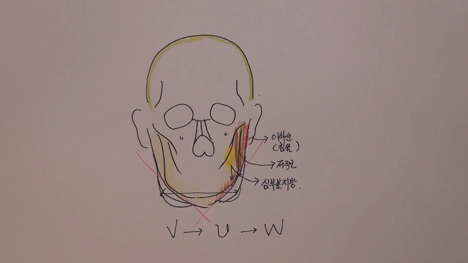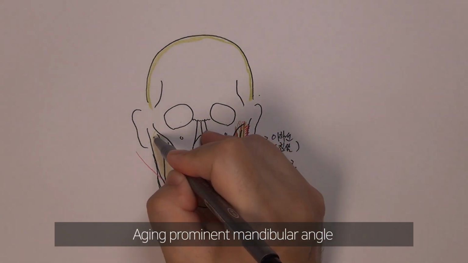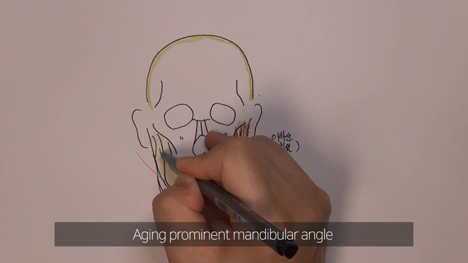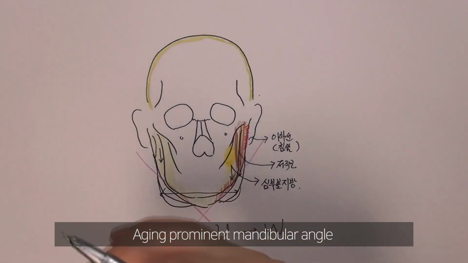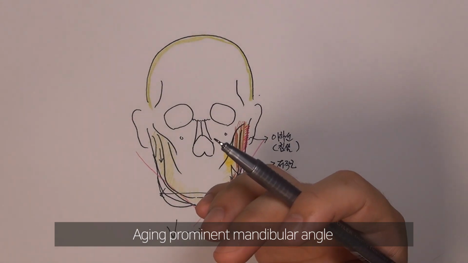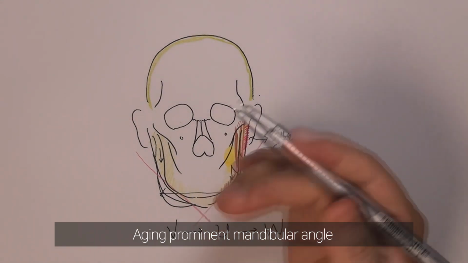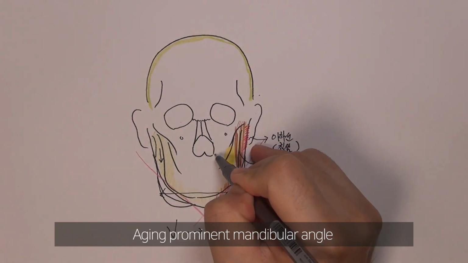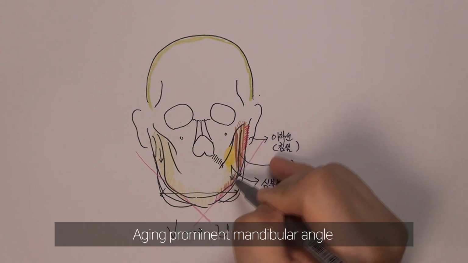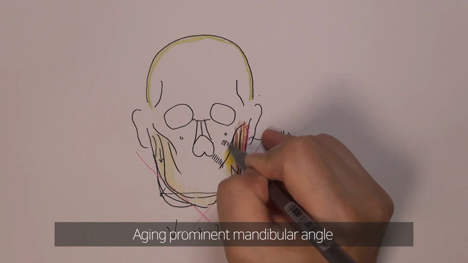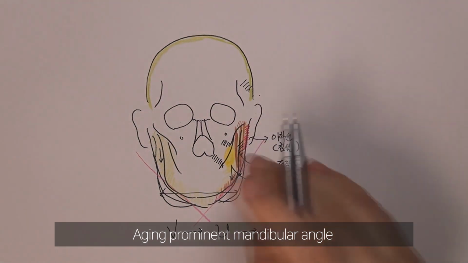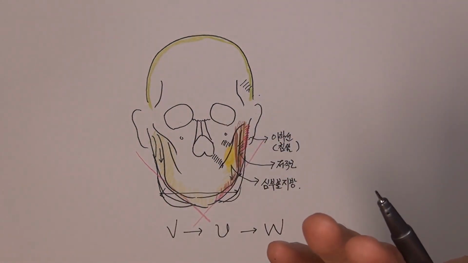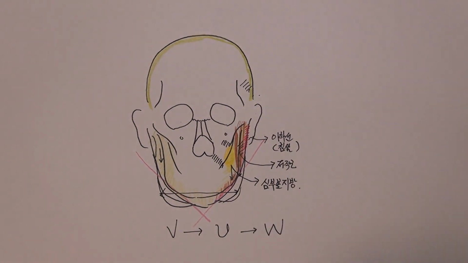Soft tissue change of the face starts with partial depression in the upper part: the mid-face, anterior zygomatic area, cheek, and temple become deepened.